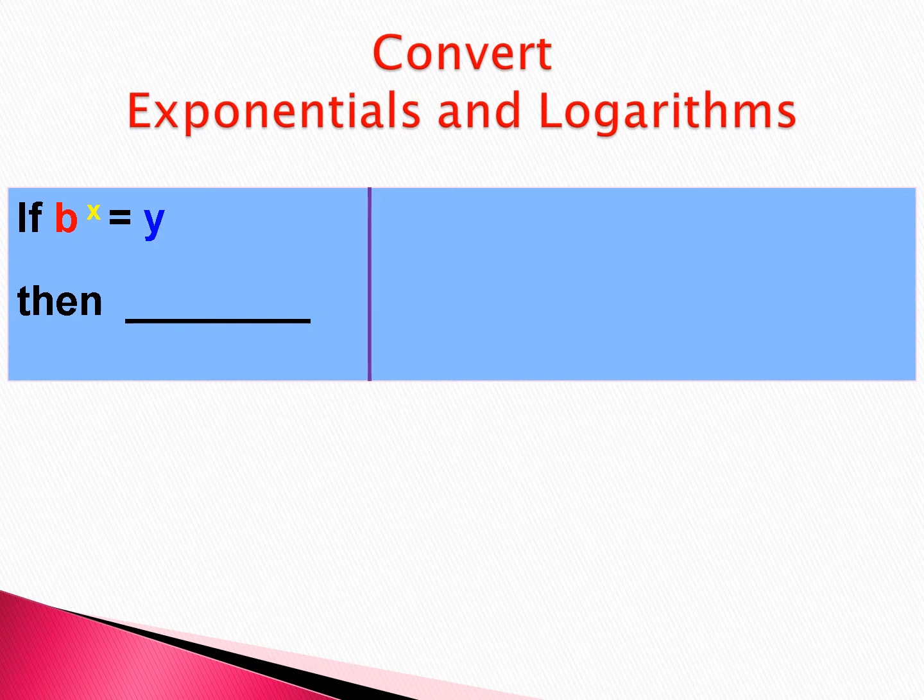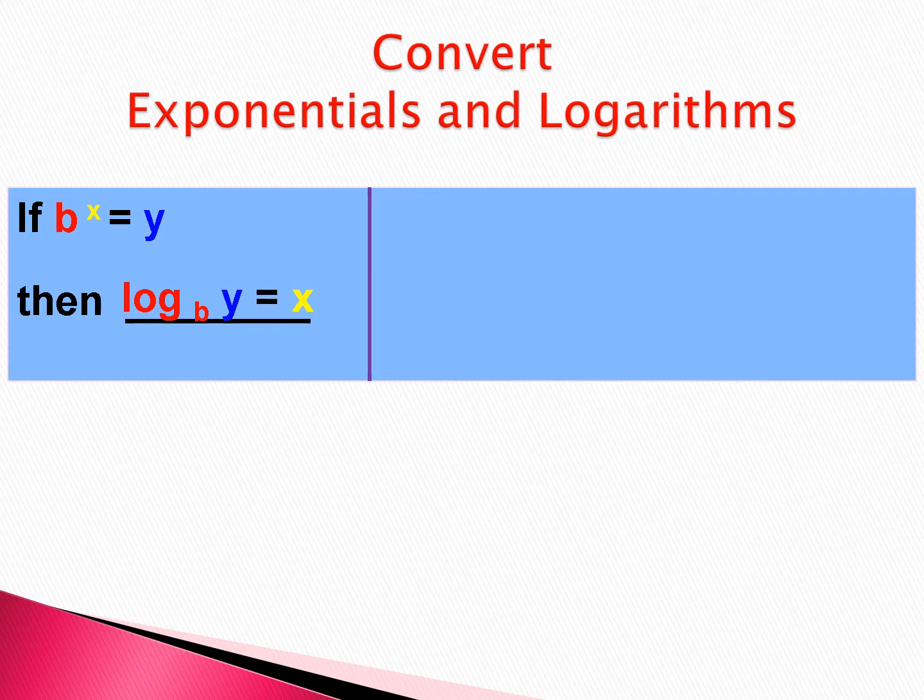If b to the x power equals y, when we convert that to a logarithm, it looks like this. Now the b becomes a little subscript. So it's log base b of y equals x.